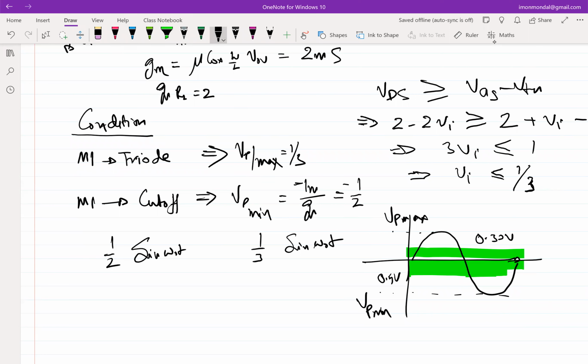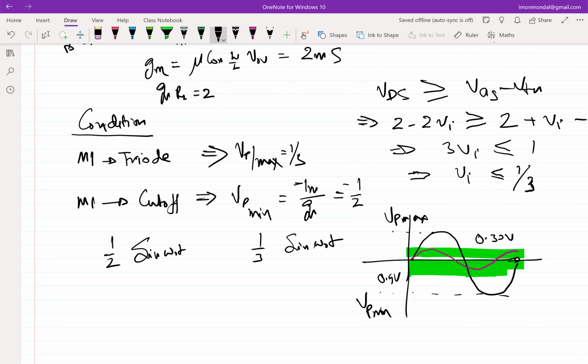Now what is the maximum amplitude of sinusoid that I can accommodate? Clearly, without acceptable distortion, the maximum sinusoid amplitude will be 0.33 volt, right? So that's the whole purpose of choosing the lower one.